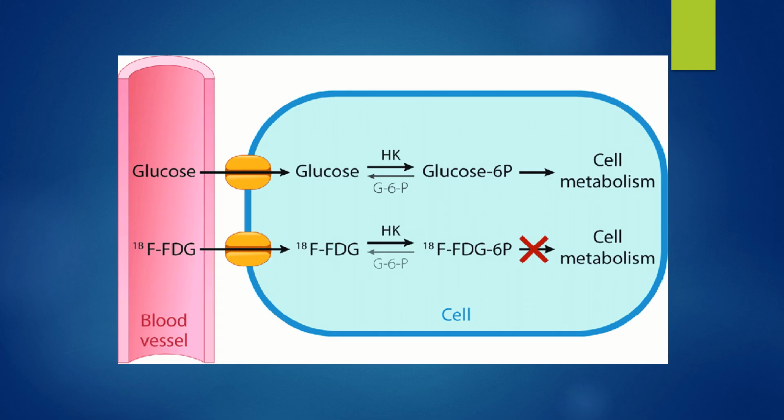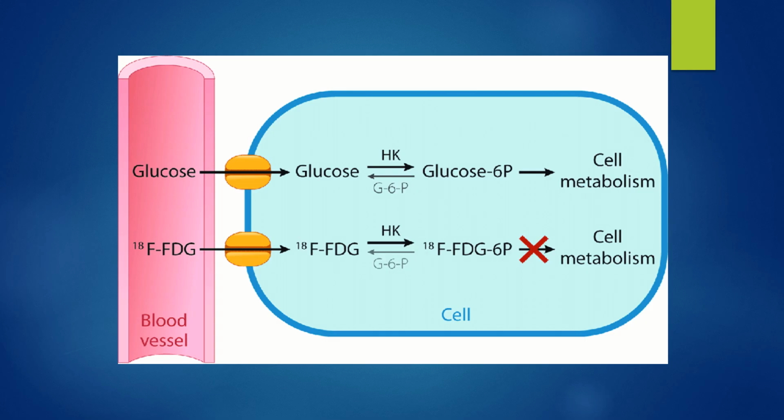FDG avidly accumulates in most cancerous cells for three main reasons. The first is that cancer cells express more numerous specific membrane transport proteins with greater affinity for glucose than normal cells do, and this allows for increased rates of facilitated diffusion into the cytosol.